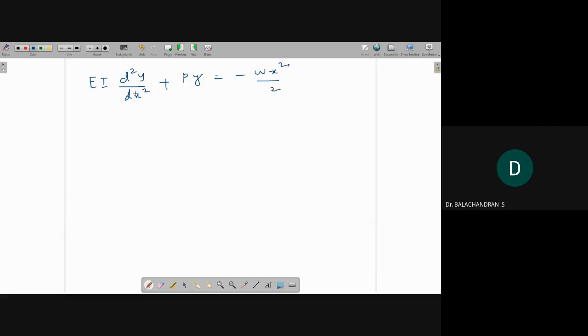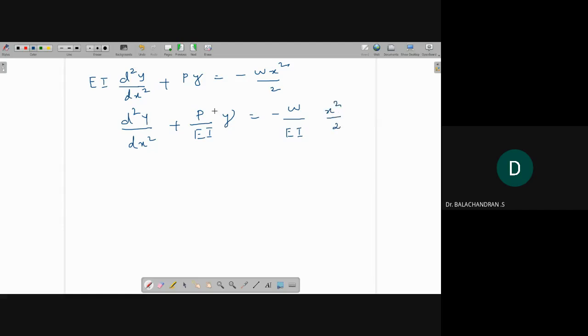Now throughout divide by EI. So if you divide by EI, you get d square y by dx square plus P by EI into y equal to minus omega by EI into x square by 2.